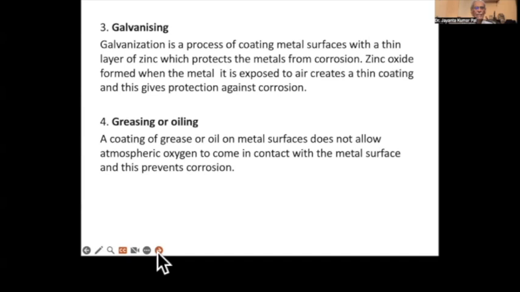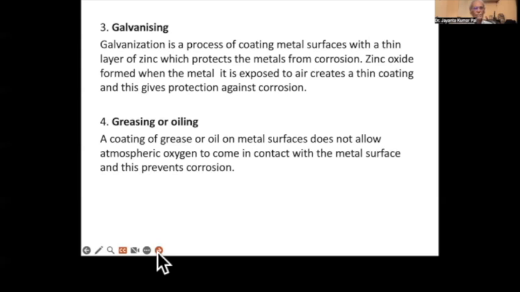Galvanizing is again a process of coating metal with a thin layer of zinc. Now this again is a method of coating that will stop or reduce the corrosion as long as the coating remains. So galvanizing is one of the ways of stopping corrosion.